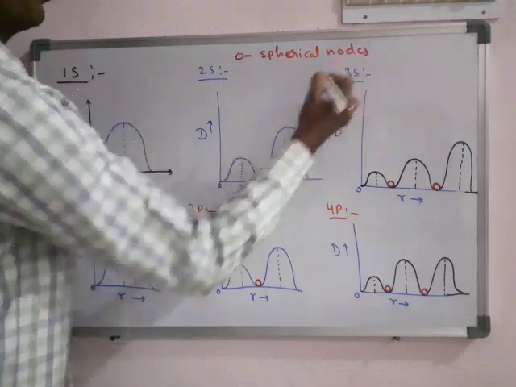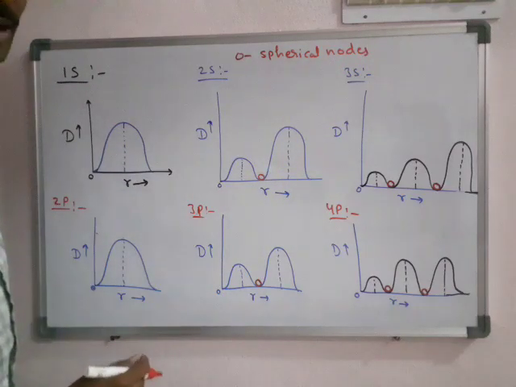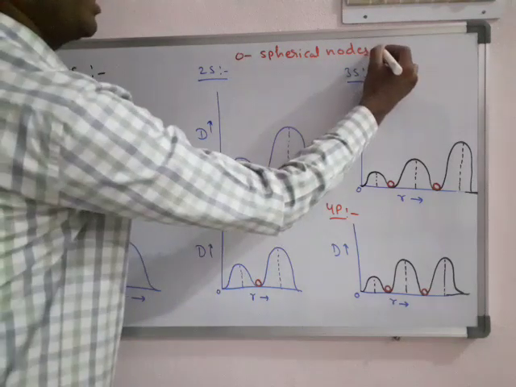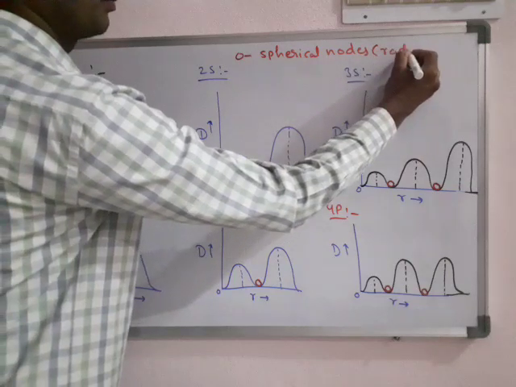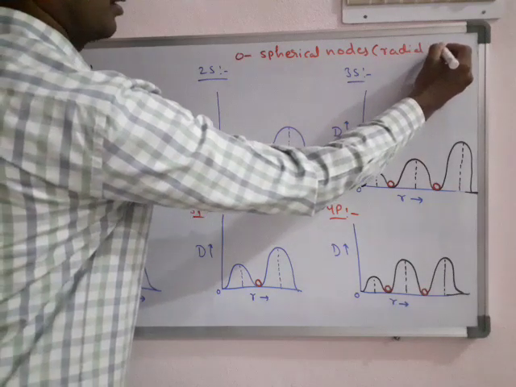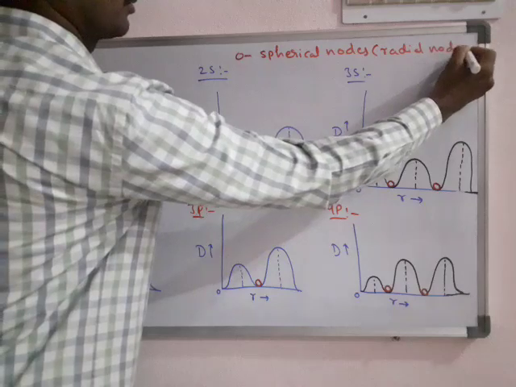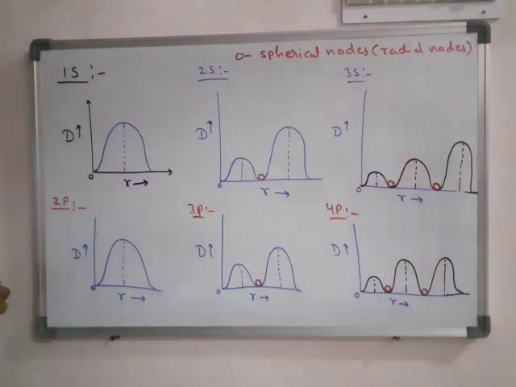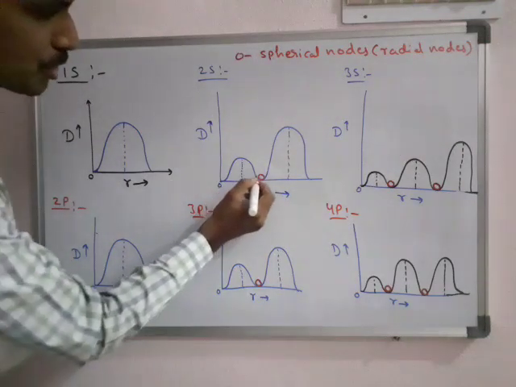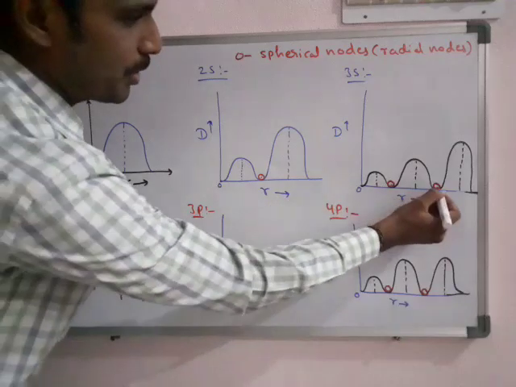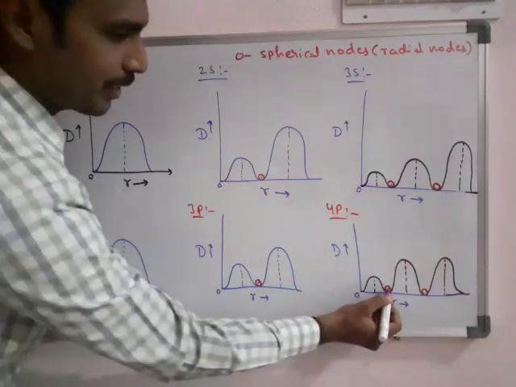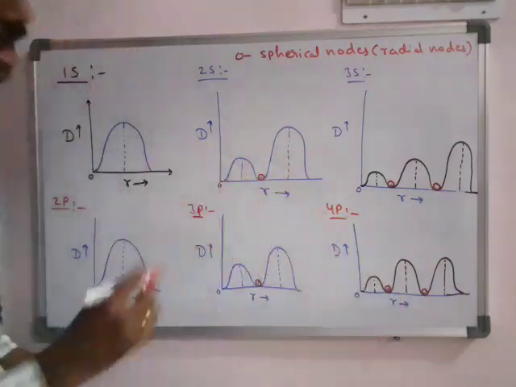This is a very important one. They are known as spherical nodes. The other name is radial nodes. Okay, radial nodes means where the probability of finding the electron is 0 in these graphs.